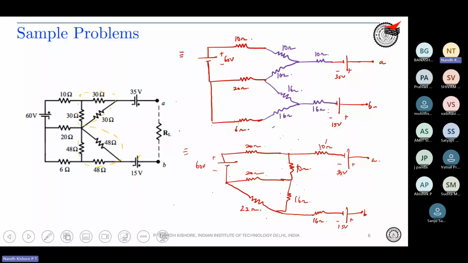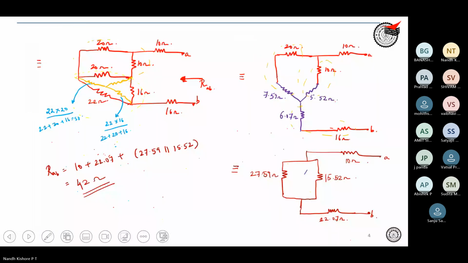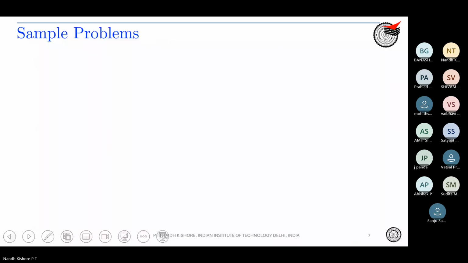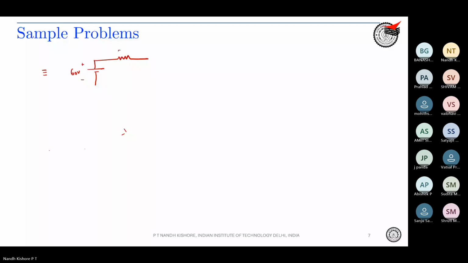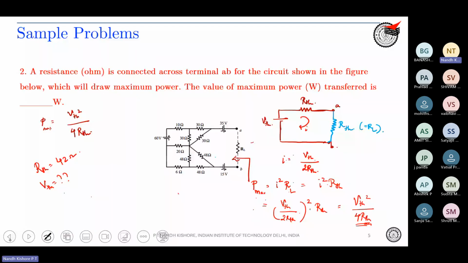What were the resistances? We got 7.59, 8.52, 6.07.